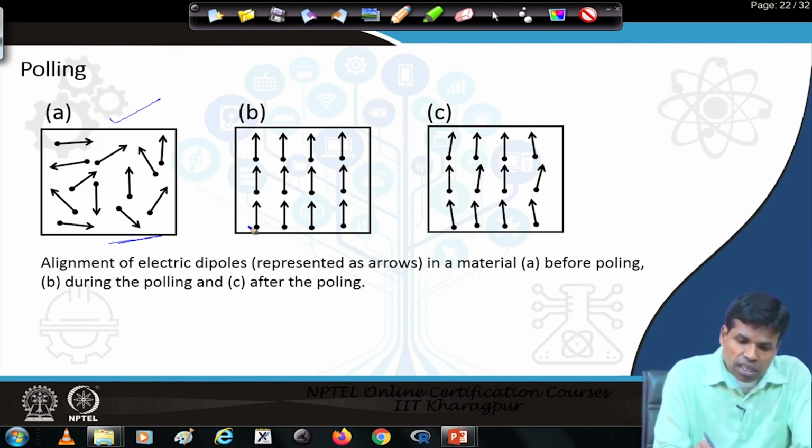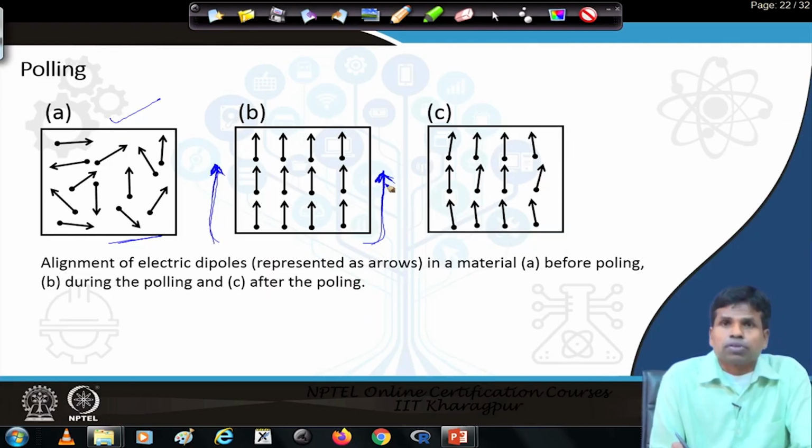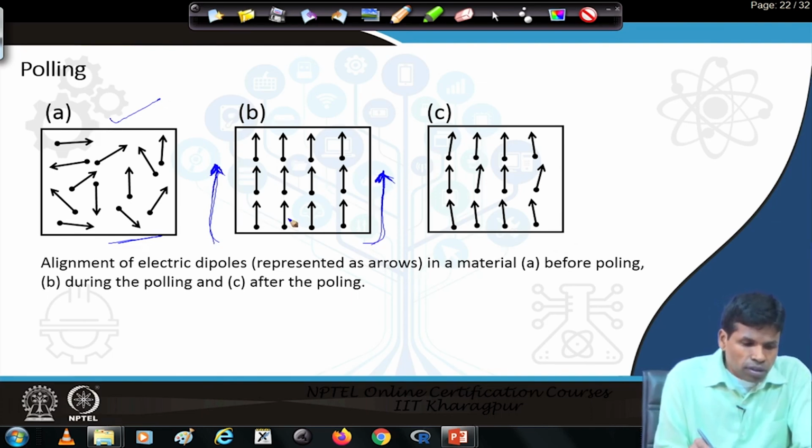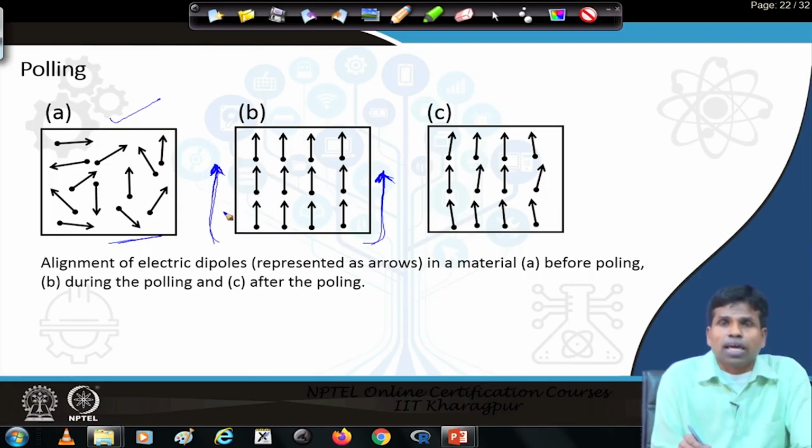In order to create an alignment of the electric dipoles in a particular direction, the process is called poling, and the direction along which the dipoles align is called the poling direction. Poling is done by applying a very high electric field to the material.